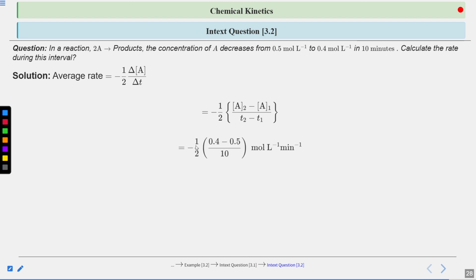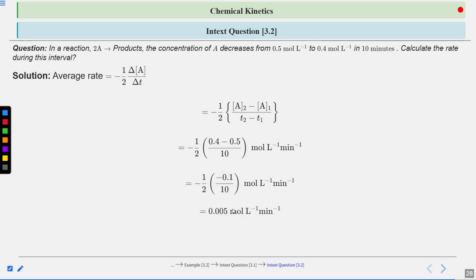So this will be minus of half, 0.4 minus 0.5 divided by 10, because the time taken T2 minus T1 is 10, mole per liter minute inverse. When you solve this, it will be minus half multiplied by minus 0.1 divided by 10 mole per liter per minute. You just have to subtract these quantities. It will be minus 0.1 and the rest are the same. And now you have to solve this fraction.